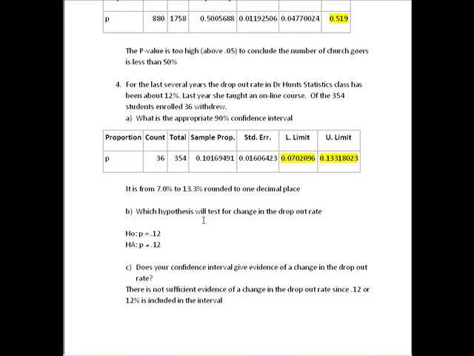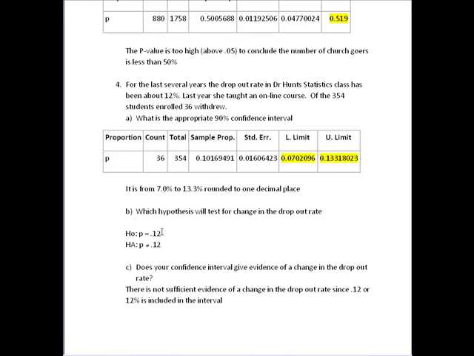Which hypothesis will test for a change in the dropout rate? Once again, the null hypothesis says no change, that the dropout rate is still 12%. We're just checking for a change, so the alternative is not equal to 12%. Does the confidence interval you established in Part A give any evidence of a change in the dropout rate?